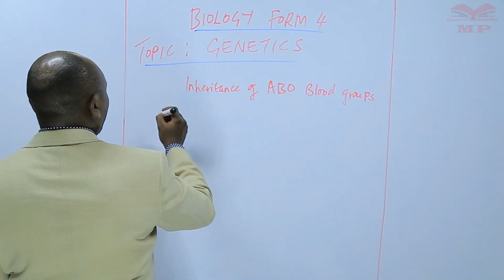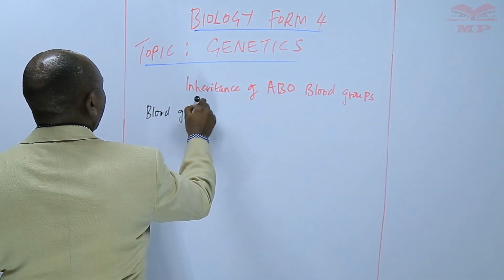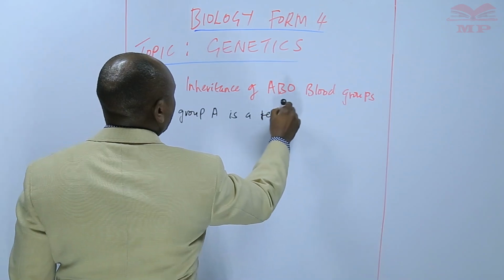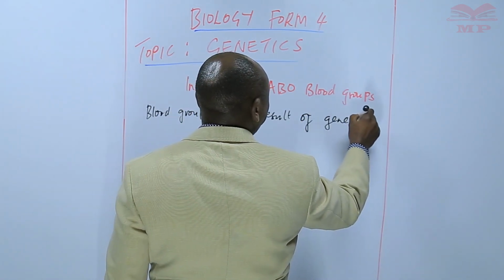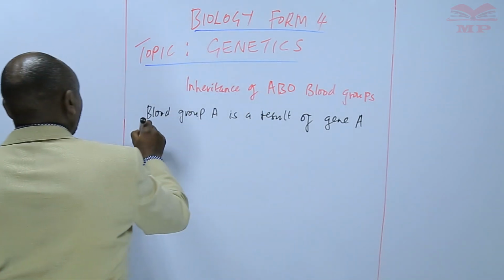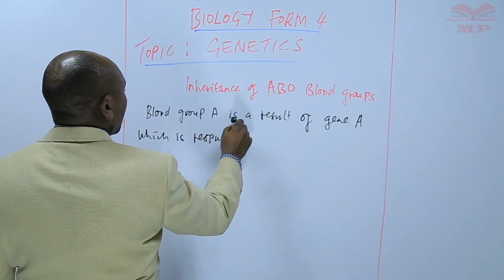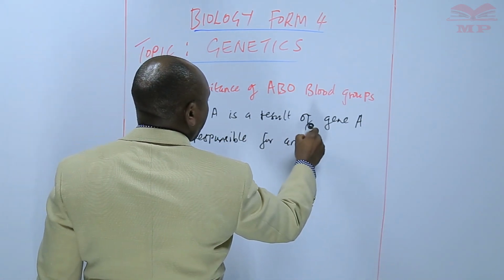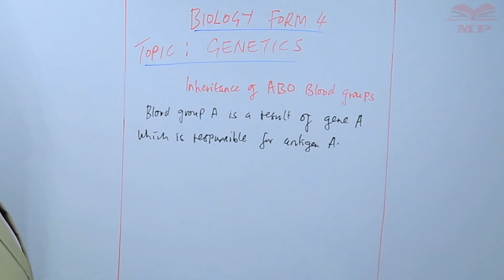So we are saying that blood group A is as a result of gene A, which is responsible for antigen A. Antigens are written using capital letters.